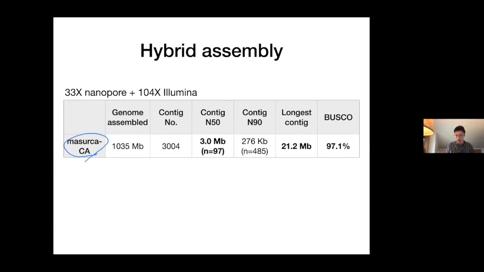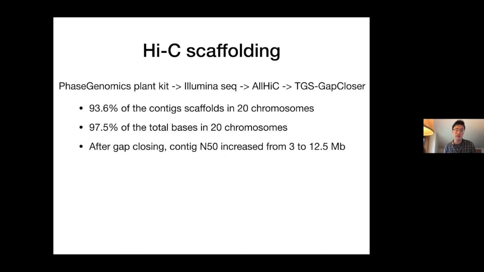I think you guys will be talking about that later, right? The hybrid assembler. Right. So we got pretty good results. The contig N50 is around 3 megabases. So this means that half of your genome assembly is contained in contigs that are longer than 3 megabases. Right. So then we add on top of that Hi-C scaffolding.